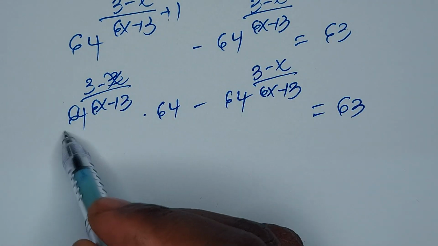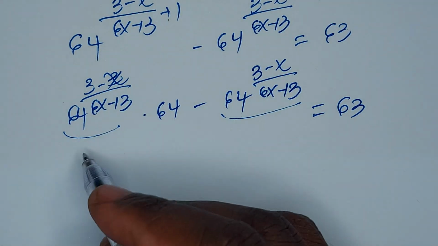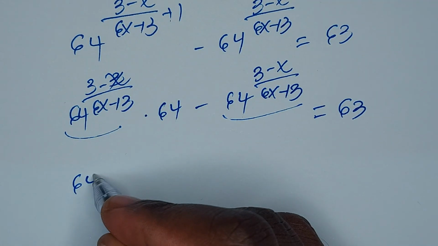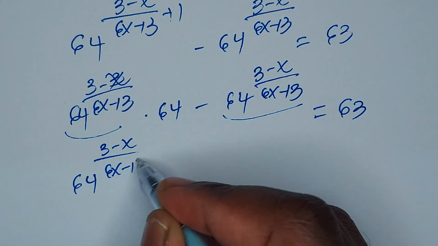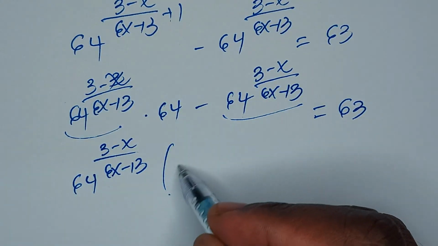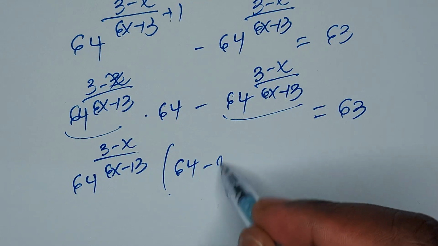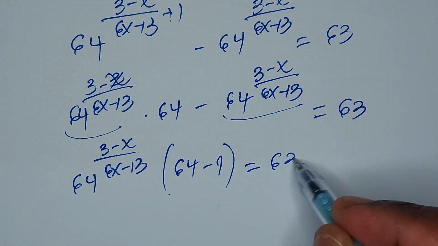Now we have the same term, so we have 64 to the power of 3 minus x over 6x minus 13, times the bracket 64 minus 1, and this equals 63.